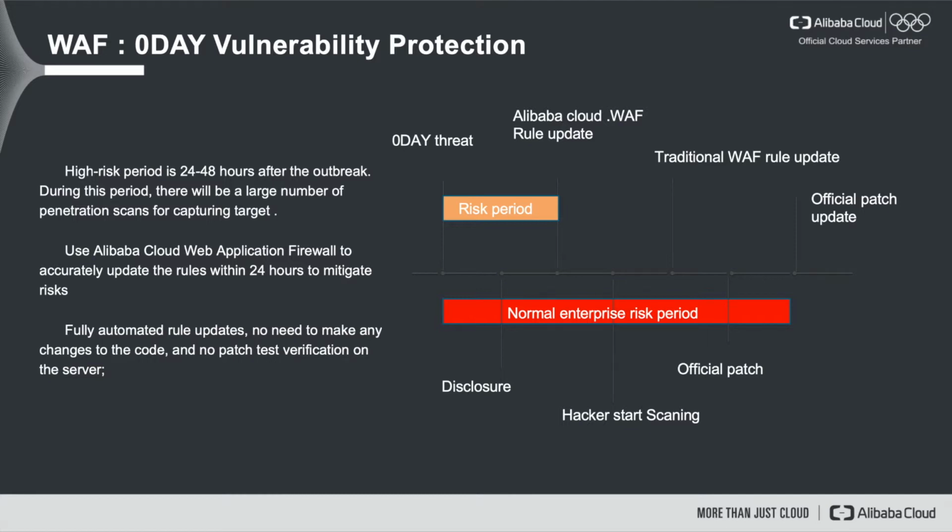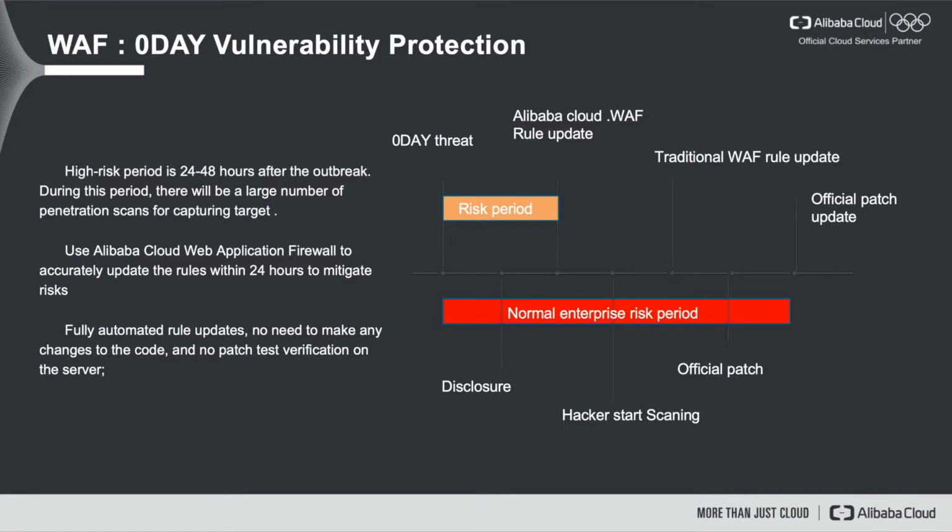Web Application Firewall provides fully automated rule updates, and there is no need to make any changes to the application code, and there is no need to test the patch on the servers. On the right side of the screen, we see how the normal enterprise without Web Application Firewall could be affected.